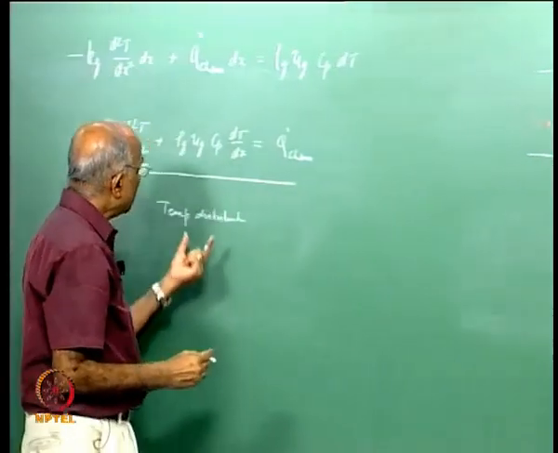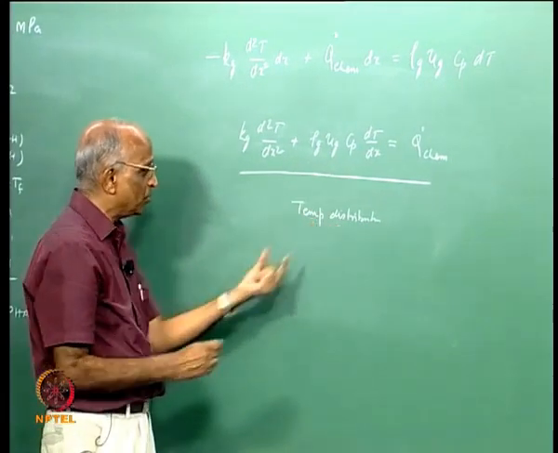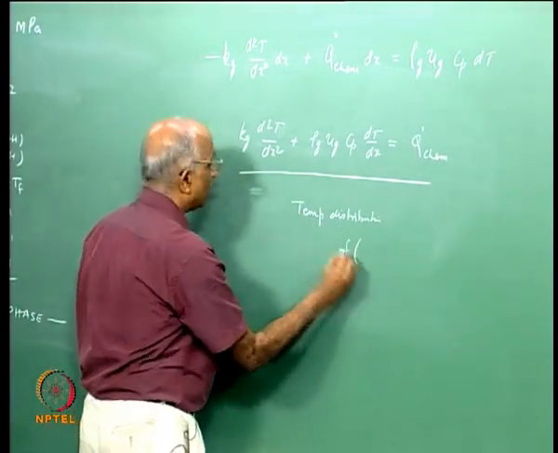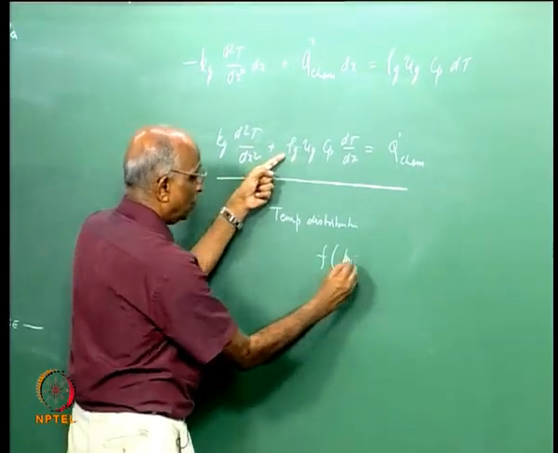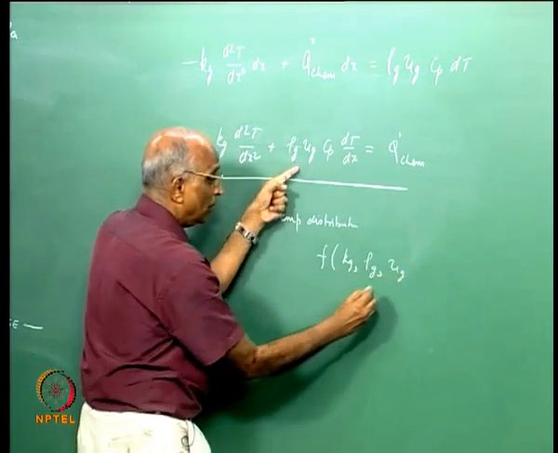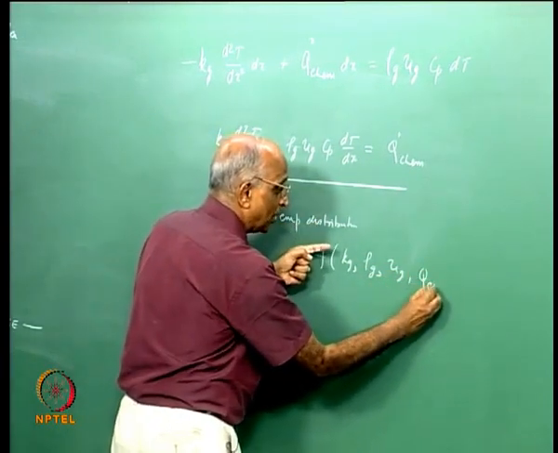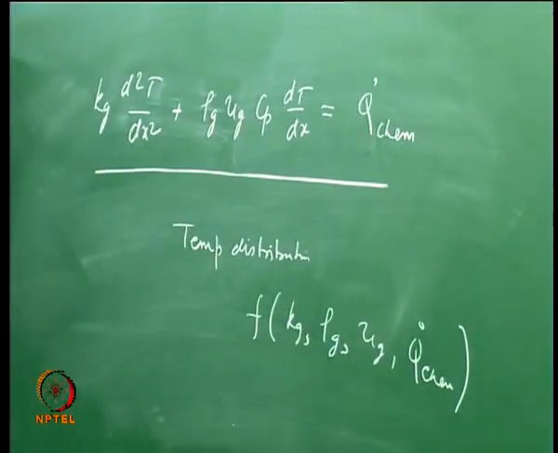Therefore, this solution will give me the temperature distribution, but this temperature distribution is going to be a function of the value of the thermal conductivity of the gas in the Fizz zone, maybe the density in the Fizz zone, maybe Ug in the Fizz zone, also the value of q chemical. Let us therefore examine these things.